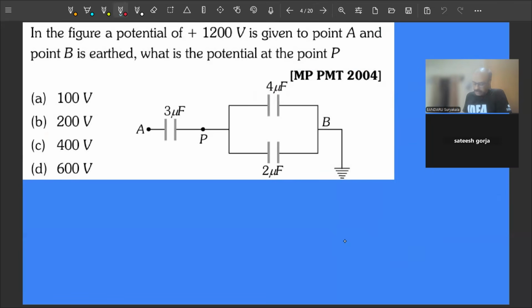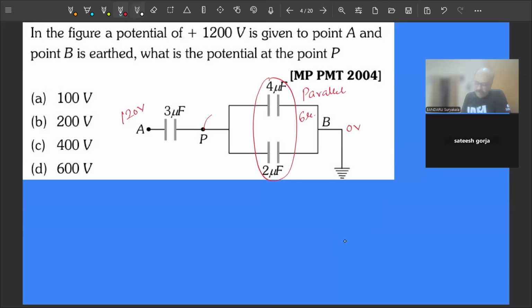Next, in the given diagram, the voltage is given as 1200 volts, and point B is earthed. Here point B voltage is 0 volts. Now, what is the voltage at this point? First, let me combine these two. These two are connected in parallel, so this becomes 6 microfarad.